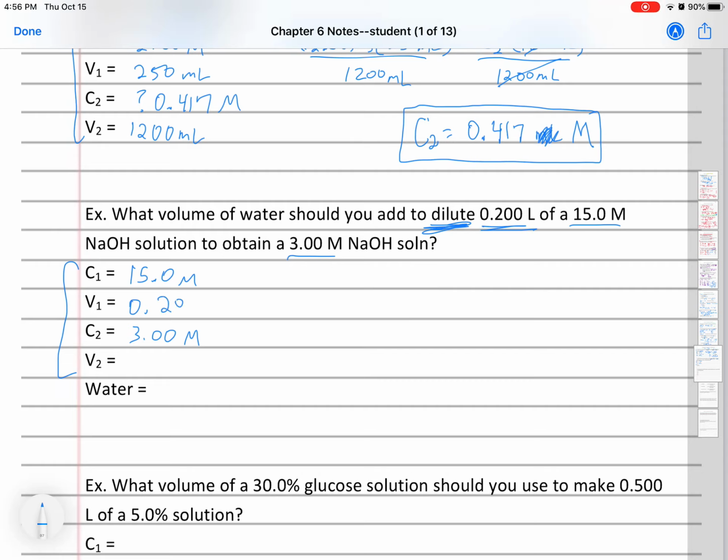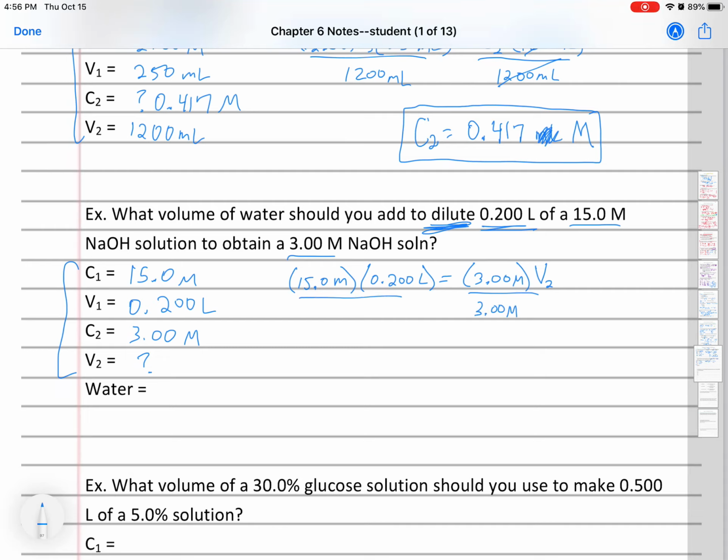So my initial volume is 0.200 liters. I don't know the final volume, so that I need to solve for. So C1, 15.0 molar, times V1, 0.200 liters, equals C2, 3.00 molar, times V2, which I don't know.